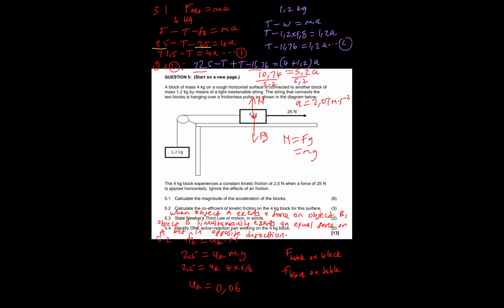It is the force that the table exerts on the block, which is the normal force going up, and the force that the block exerts on the table, which is Fg. You can say it's normal and Fg. So it's more like you are asked to give an example of Newton's third law of motion. Yes, that is the answer to 5.4. For every action, there is a reaction.